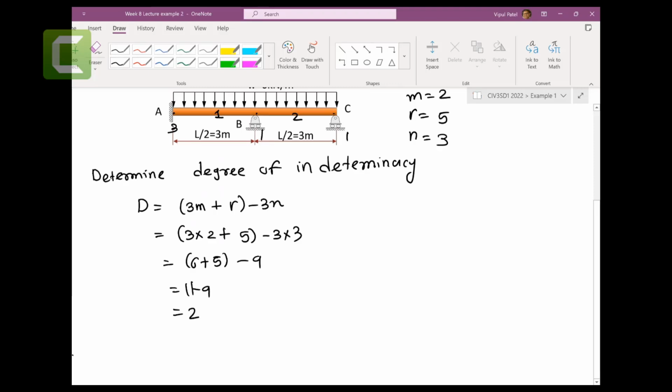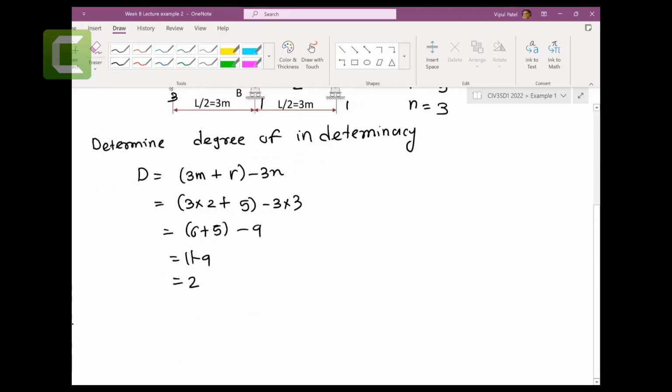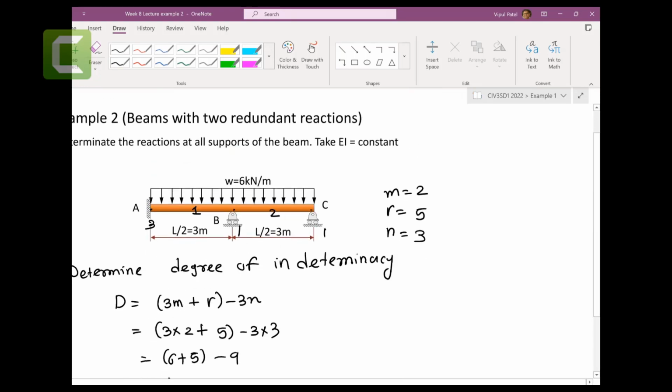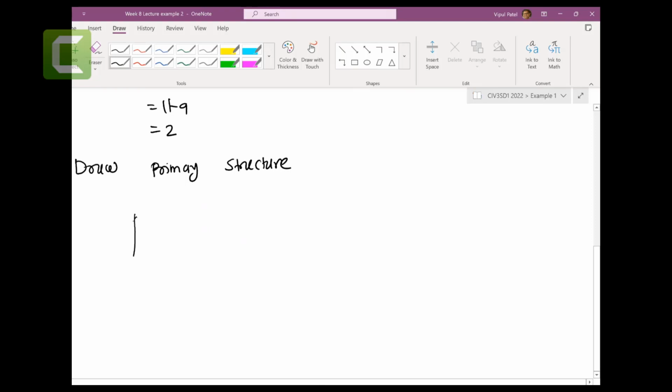Now number 2, we are going to make this a redundant structure. So let's draw the primary structure. We can see these 2 rollers, we can remove them immediately and make it a cantilever. The structure becomes like this.